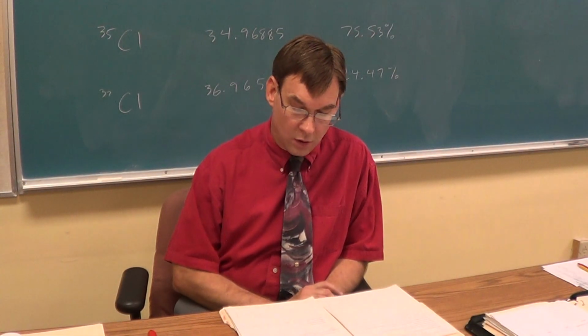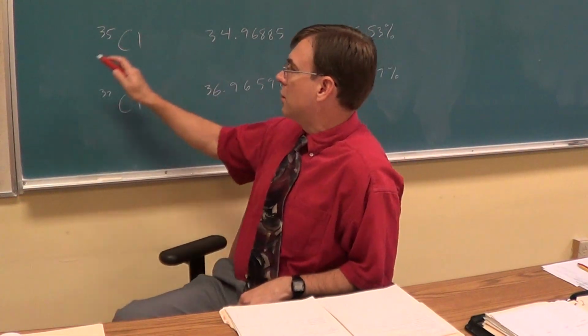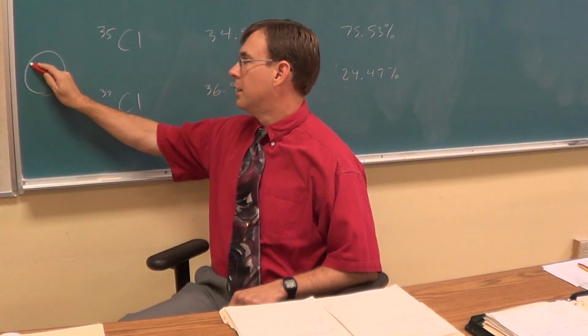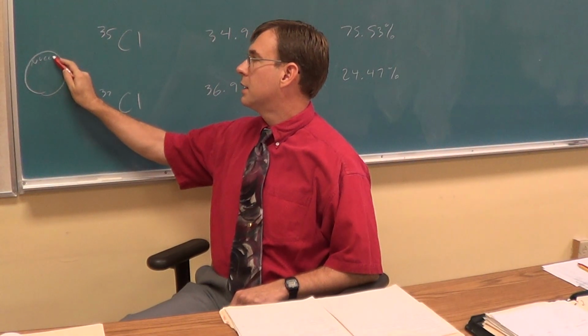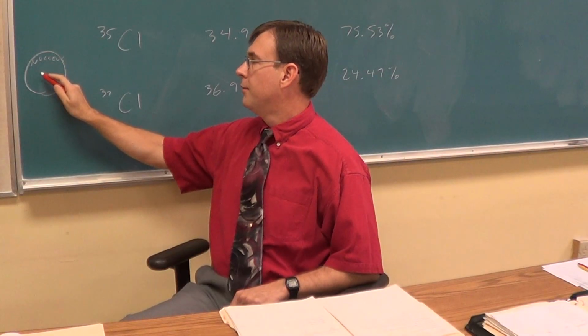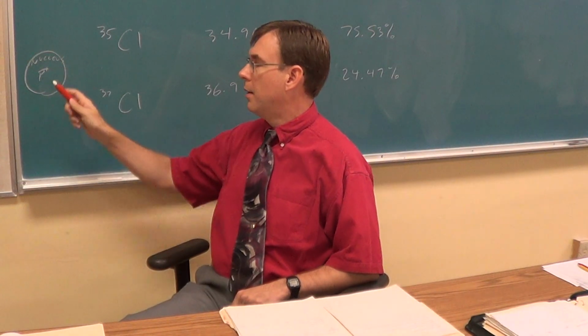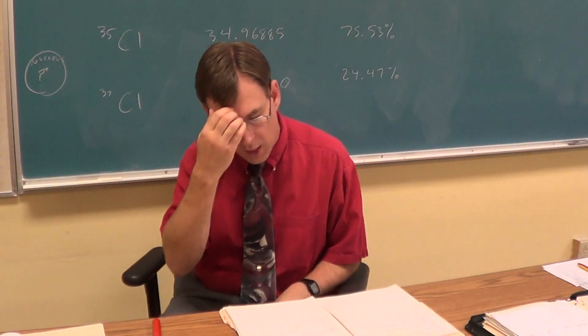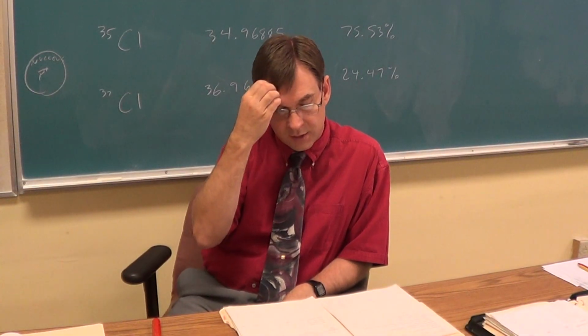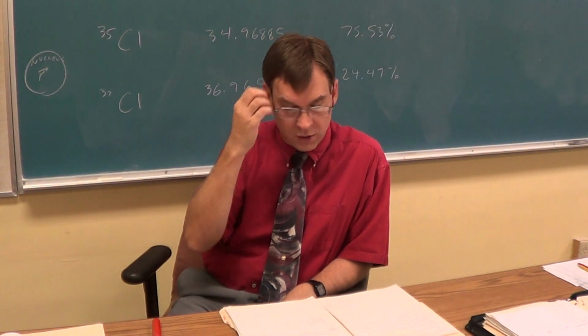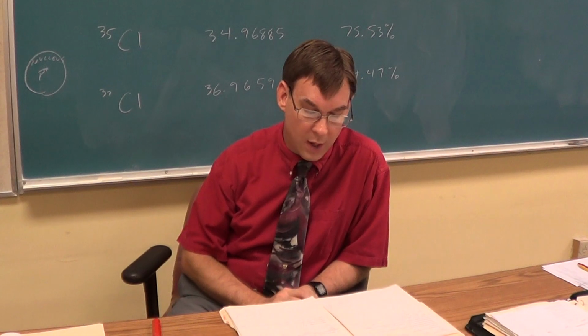9, we have protons. If you're drawing a picture, labeling the nucleus would be a good point. But protons, we're going to put them in the nucleus. Protons is the P+. It's a positive 1 charge. It is a 1 AMU mass.